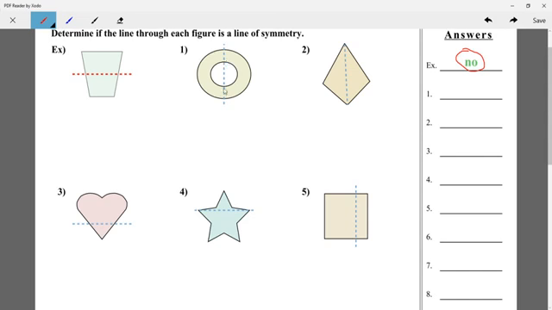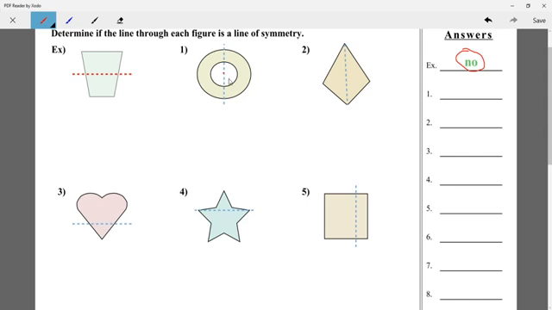Now, number one, let's look at this. If I folded this shape over right here, would it be the same on both sides? And the answer is yes, it would be. In fact, there is basically an infinite number of lines of symmetry in a perfect circle.